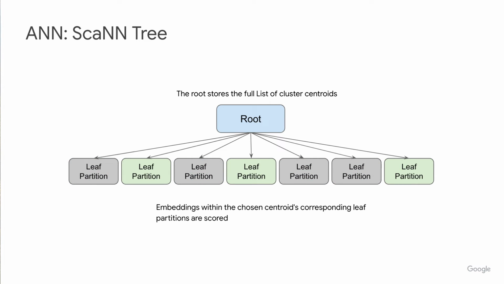During query time, only a small number of centroids closest to the query embedding are chosen, and embeddings in the corresponding leaf partitions are scored. Google's ScaNN algorithm is a state-of-the-art nearest neighbor algorithm that enables fast lookups over a large dataset with high recall. Leveraging this technology allows Spanner customers to get the benefits of using ScaNN simply by adding a new Spanner index.